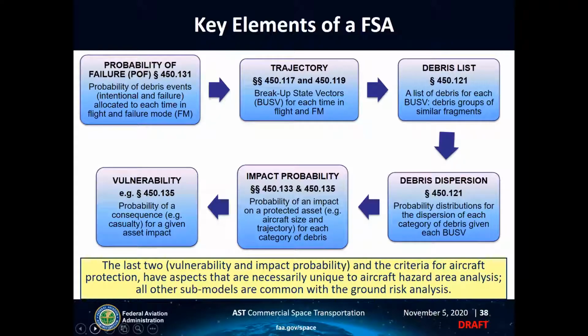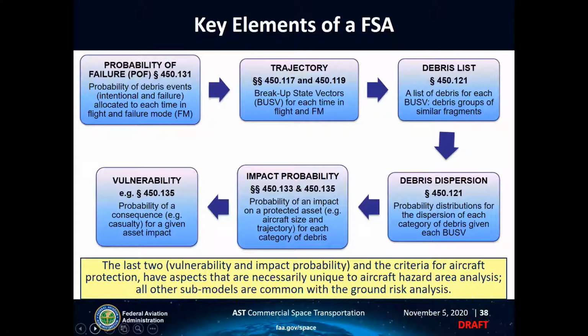But just because you have an impact doesn't mean that you have a consequence that would result in a casualty or loss of functionality for a critical asset. And so on the last box on the lower left, the analysis looks at the vulnerability. So I've got a given piece of debris impacting, for example, a certain kinetic energy on either a person outdoors or somebody in sheltering, and their vulnerability, of course, would be different depending on the nature of their sheltering.